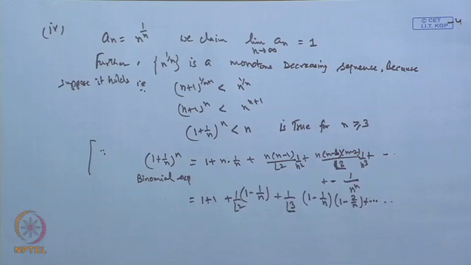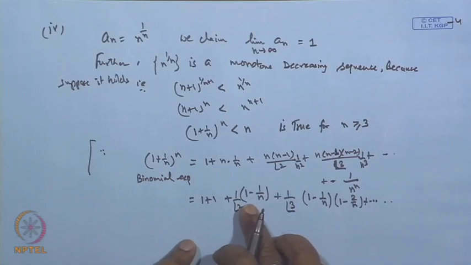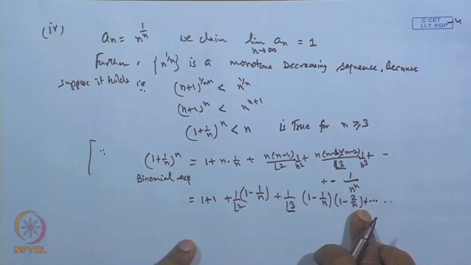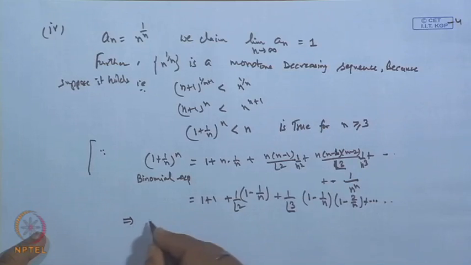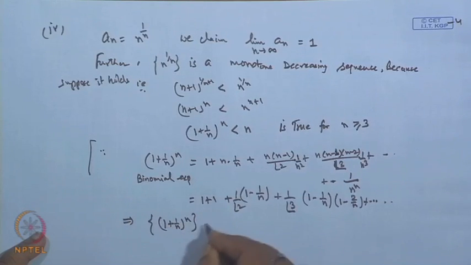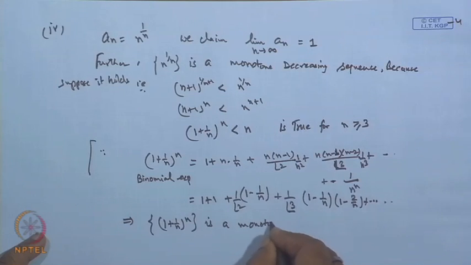Okay. Now, you see each term is positive. So, the sequence 1 plus 1 by n to the power n is a monotonic increasing sequence.